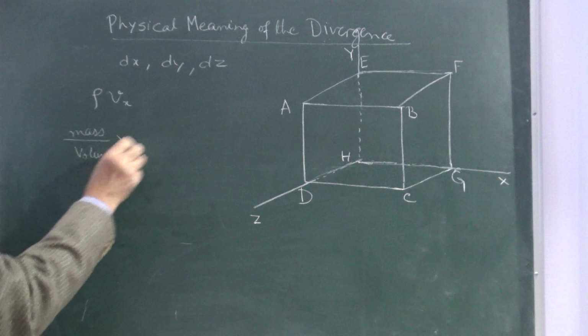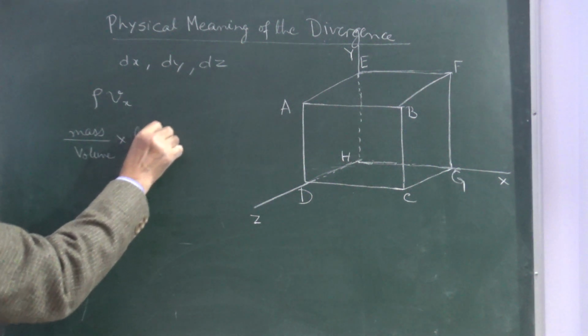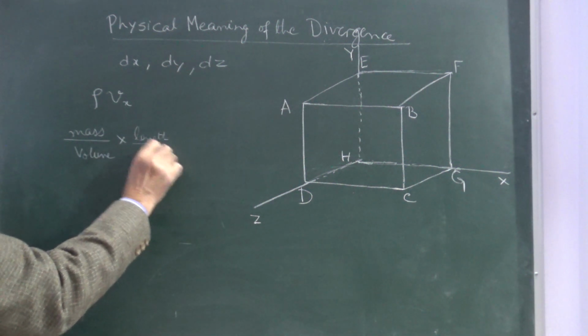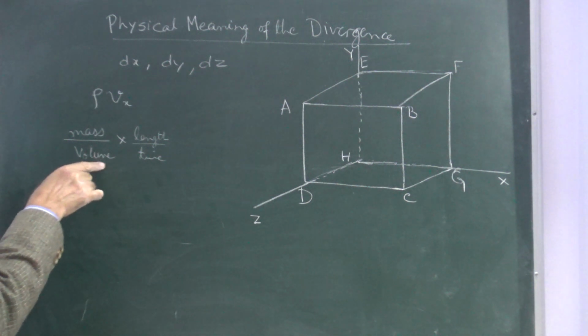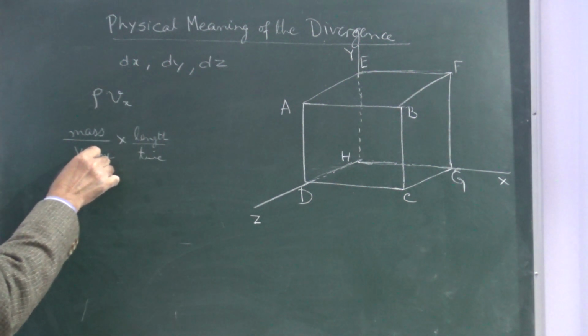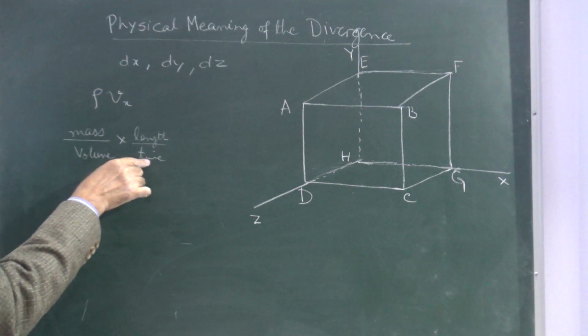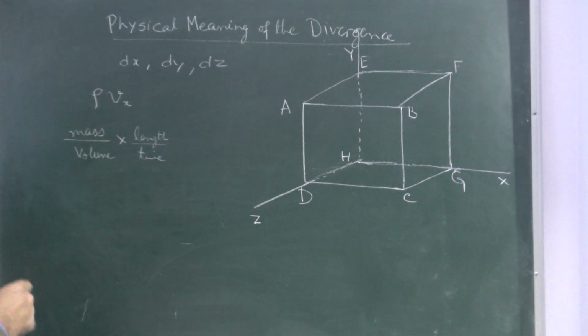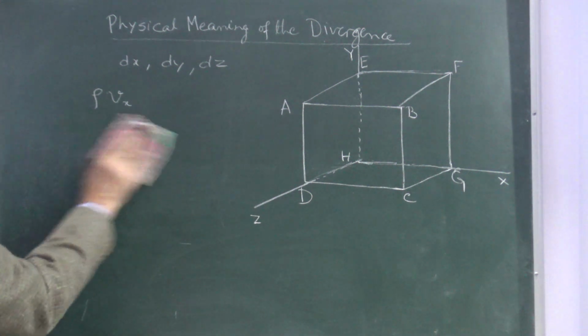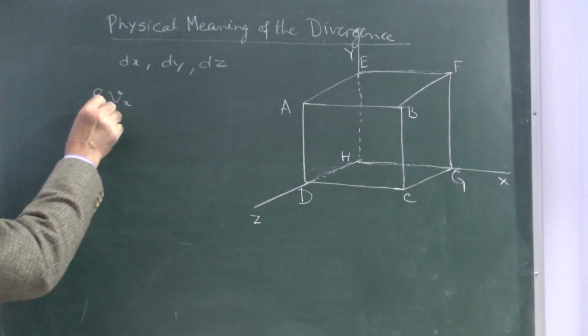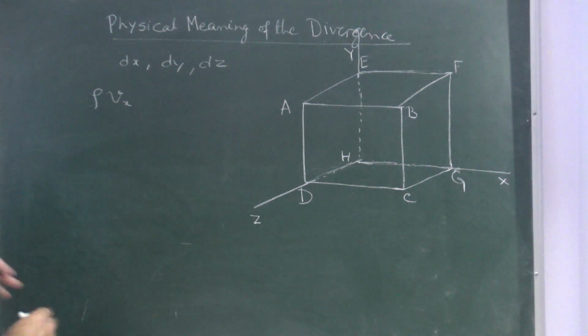The volume has length times area, so length cancels out. So it is the mass of the fluid passing per unit area per second along the x-axis.